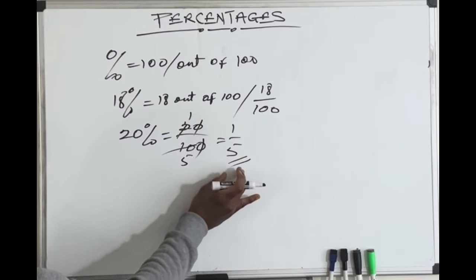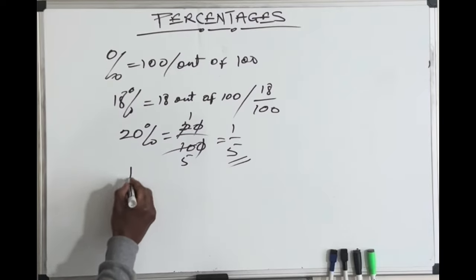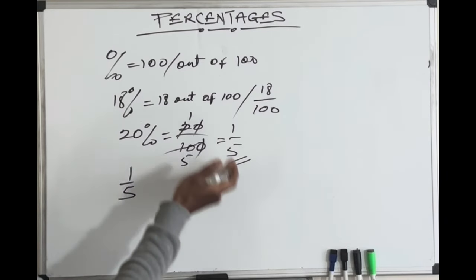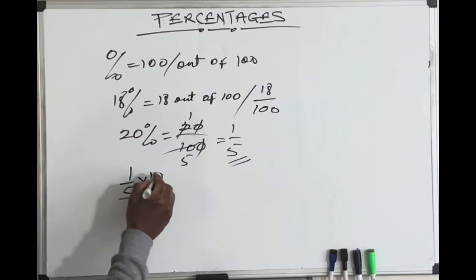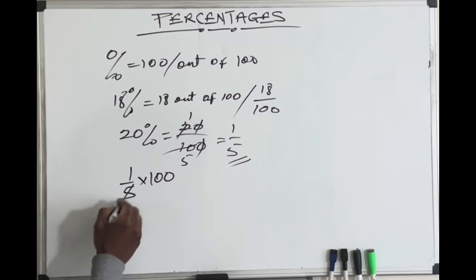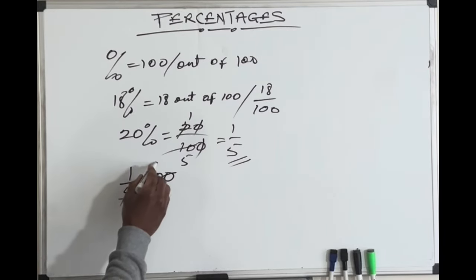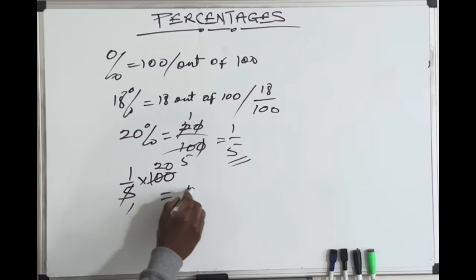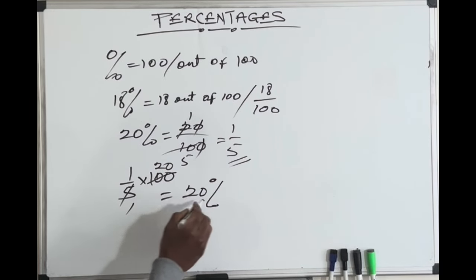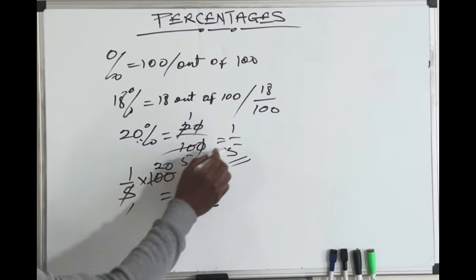Now we are expressing a fraction, which is 1 over 5, as a percentage. So what we are saying is you just multiply it by 100. Okay, so 5 goes here, 1 goes here, 20. And so 1 times 20 is what? 20%. You see, we have the same thing.